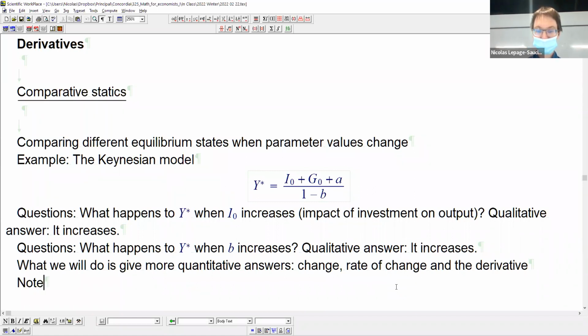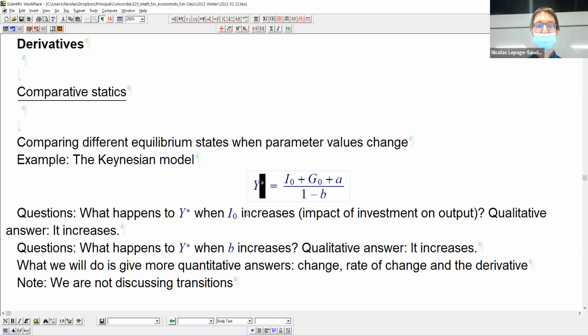Note about this: here we're not talking about transitions. We're not saying that if investment increases today, then in 2 months output is going to start to increase. No, we have no notion of time. What we're looking at is the equilibrium output. If we were in a different world where I0 was higher, then the equilibrium output would be higher.